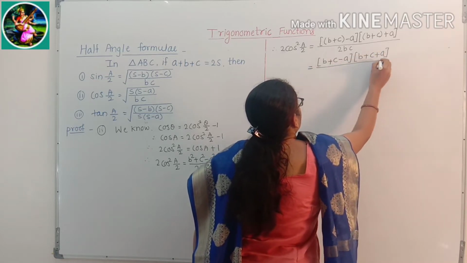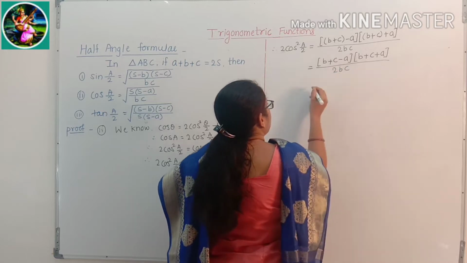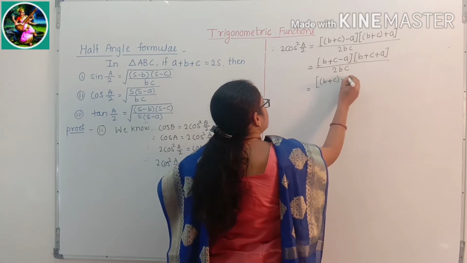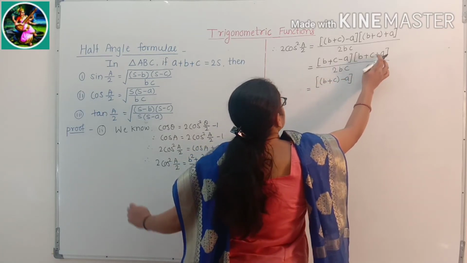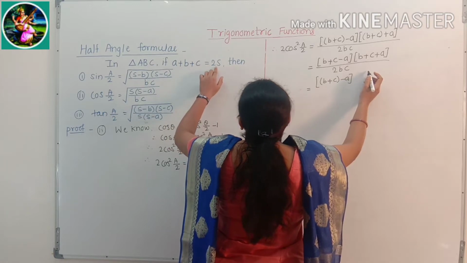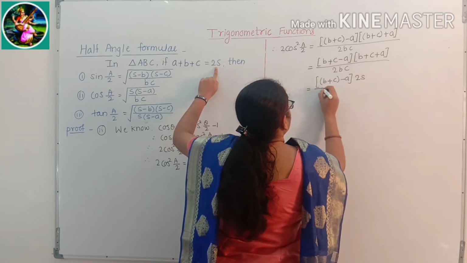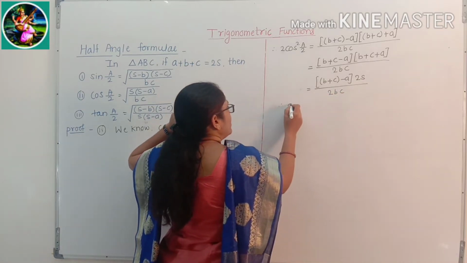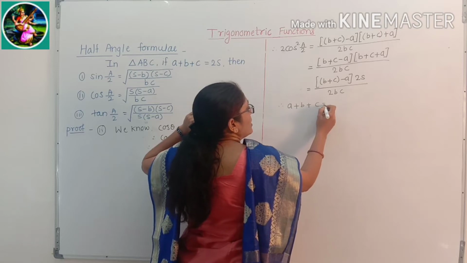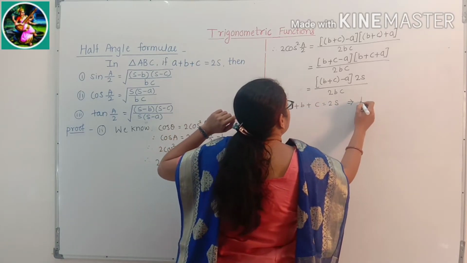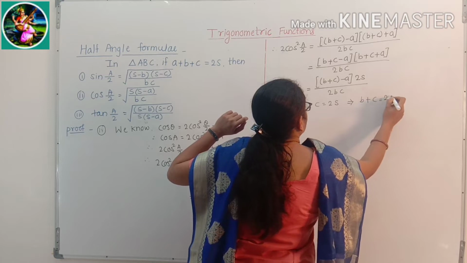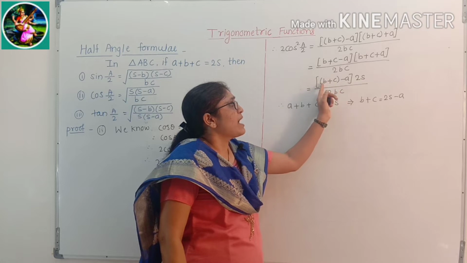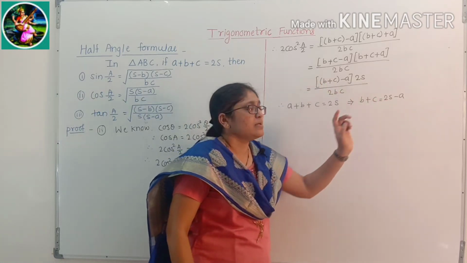This divided by 2bc is equal to b plus c minus a into b plus c plus a, and a plus b plus c is equal to 2s, that gives b plus c is equal to 2s minus a. Therefore, instead of this bracket we write the value 2s minus a.